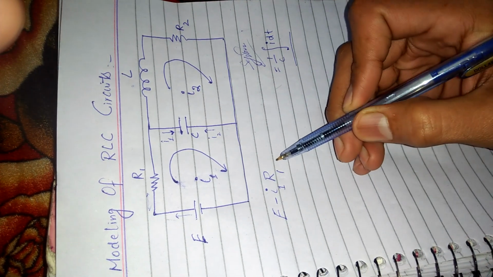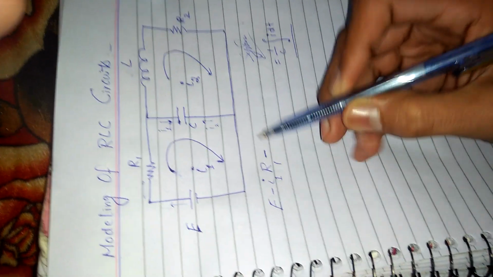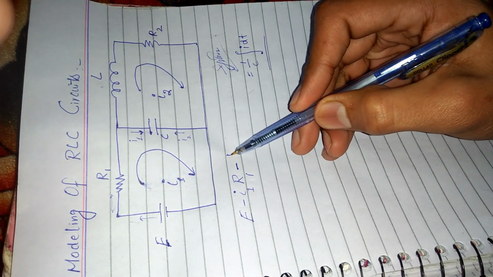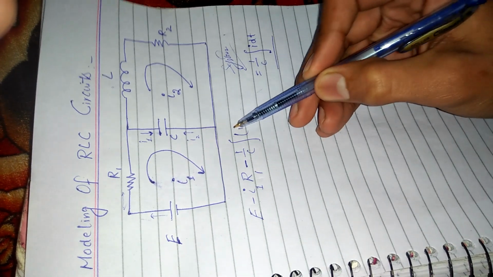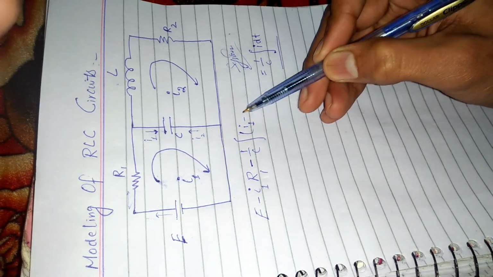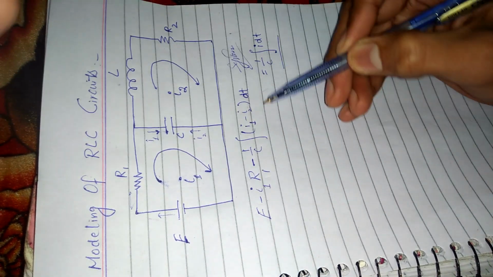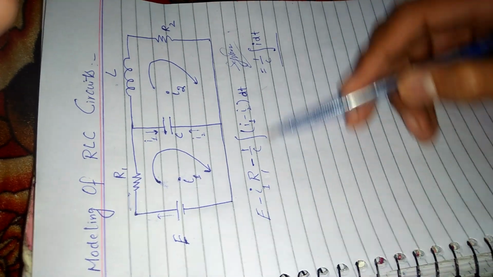In this case two currents flow through it. Since we are analyzing loop 1, we place I1 minus I2 in the integral with dt, and this is the equation of loop 1 of the circuit.